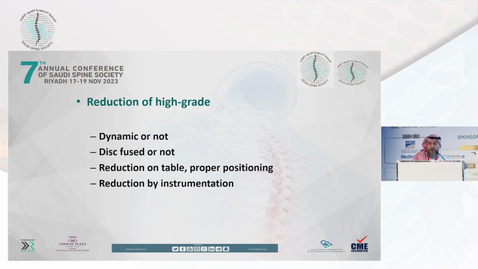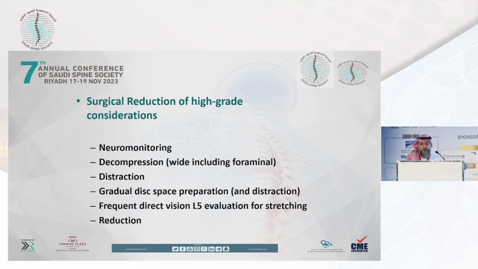For the reduction of high grade, you should see if it's dynamic or not, if the disc is fused or not, as shown in previous talks, reduction on the table or not with proper positioning, and finally, reduction by instrumentation.